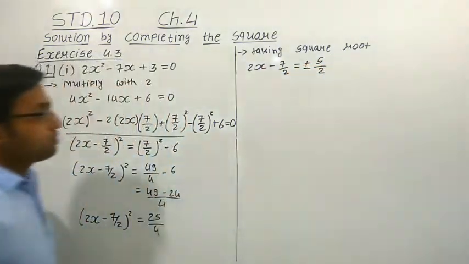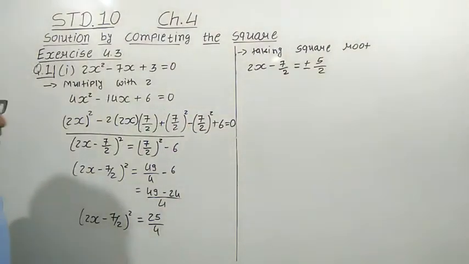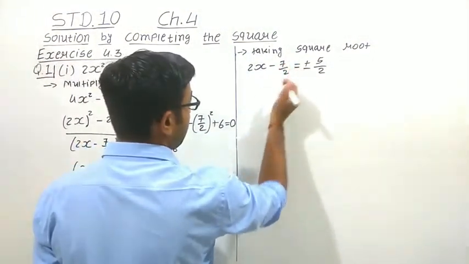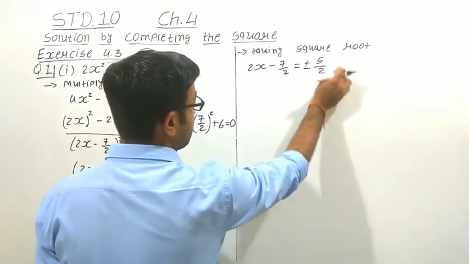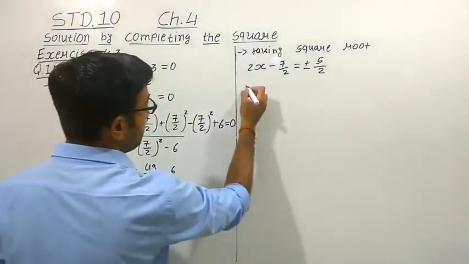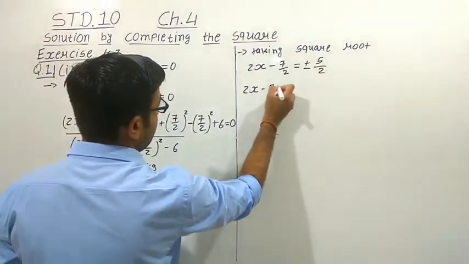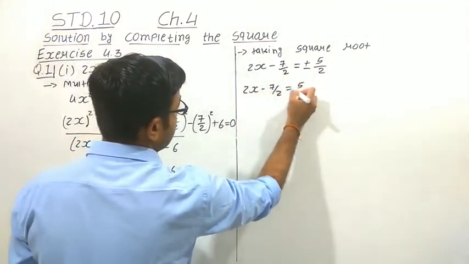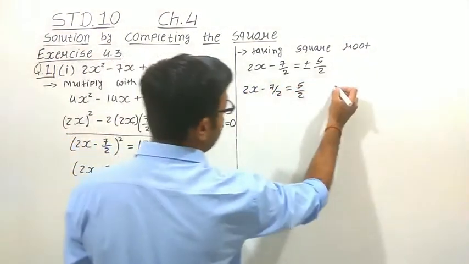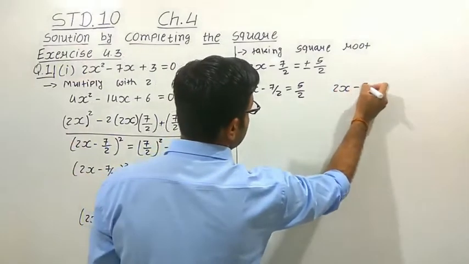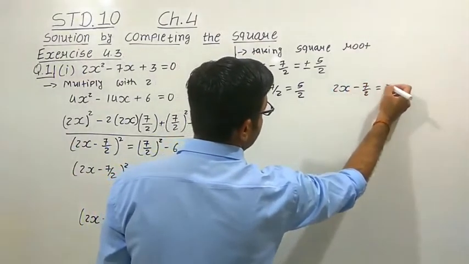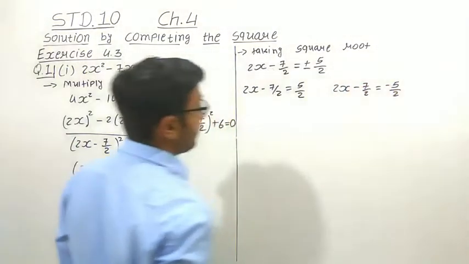But we have to put two signs, positive and negative. Now we compare this with first positive 5 by 2 and negative 5 by 2. So we can write 2x minus 7 by 2 is equal to 5 upon 2, and 2x minus 7 by 2 is equal to negative 5 upon 2.